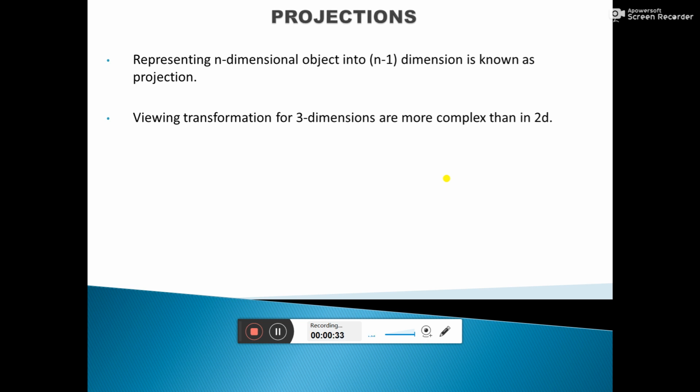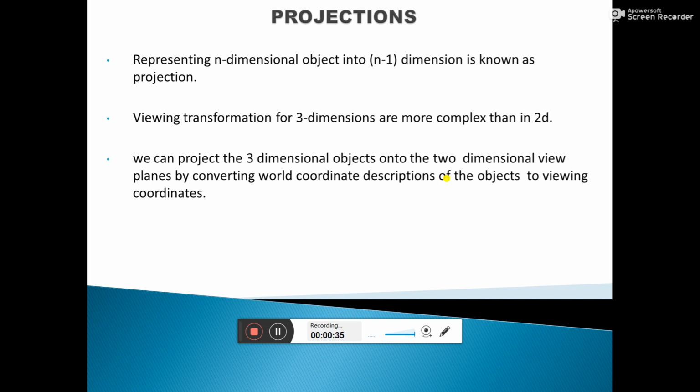But viewing transformations for three-dimensional are more complex than in two-dimensional viewing transformation. To project the three-dimensional object into a two-dimensional view plane, we have to convert world coordinates of the object to viewing coordinates.